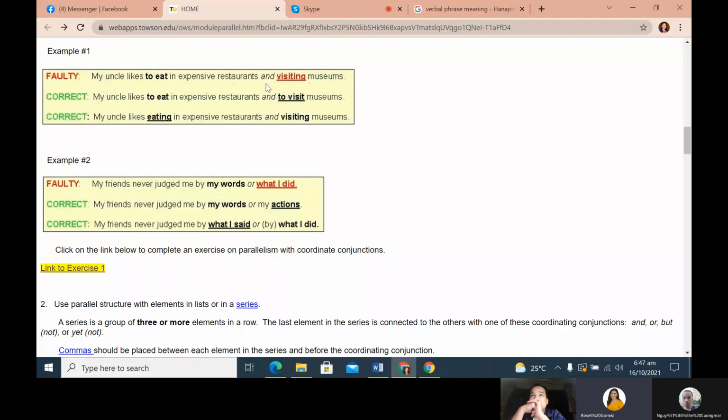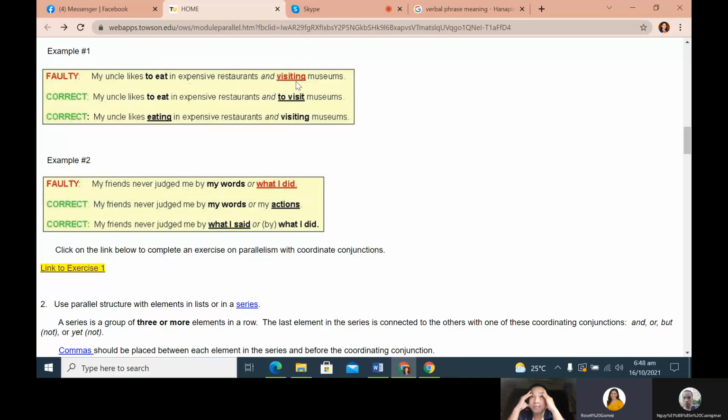If you would like to make the sentence parallel by observing the prepositional phrases, then you could say here, in expensive restaurants and in modern and interesting museums. Because you are using an adjective here, telling what kind of restaurant it is. If you would like to consider that one, you also have to use a describing word for what kind of museum he likes to visit in this part, to make it parallel.